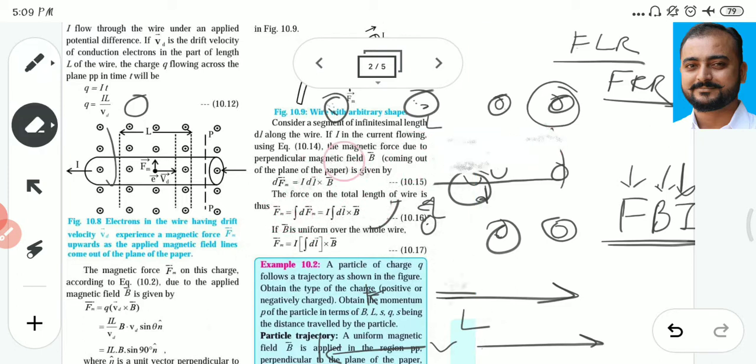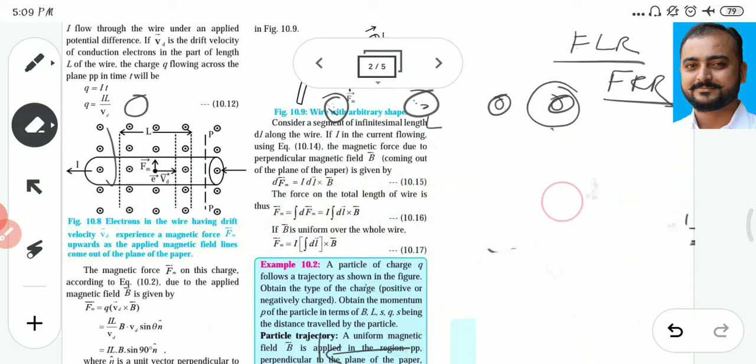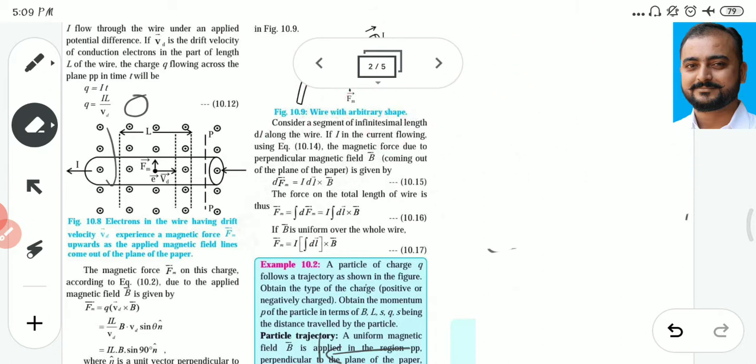Now what we have to consider is the application of this. Here this is your charge E, but actually this charge is the charge Q, which is flowing with drift velocity Vd, and this will have a length L.